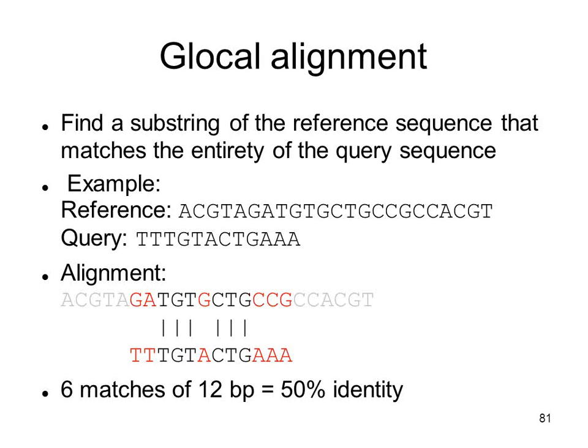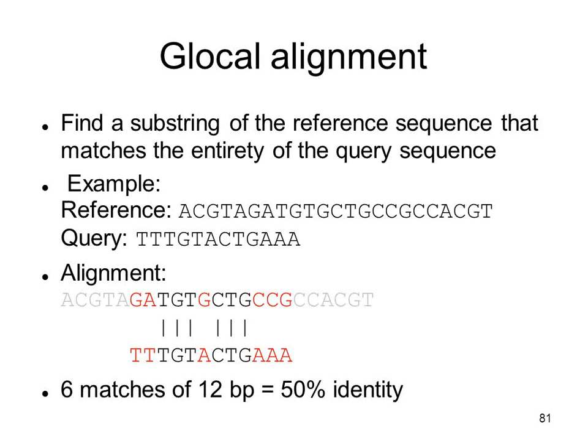Then you have this other combination, which is called glocal. You can think of it as a combination of a global and local alignment. The idea is that the substring has to match the entirety of the query sequence. In other words, you have to use the entire query sequence, you can't use a substring of it. You have to use the whole query sequence and match it against a substring of the reference sequence.